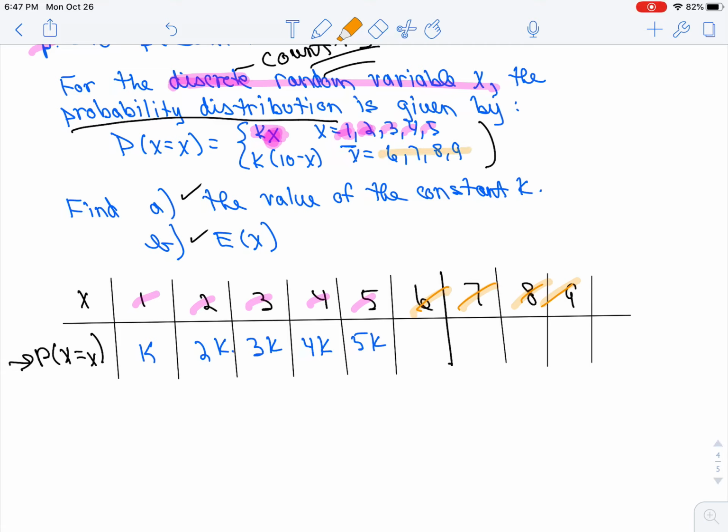All right, then we come to x equal to 6, 7, 8, and 9. And that means we're going to sub into this formula. So when I sub in the 6, I get 6 times 10 minus 6. Sorry, back up. This is k times 10 minus 6. So that's going to be 4k for this one.